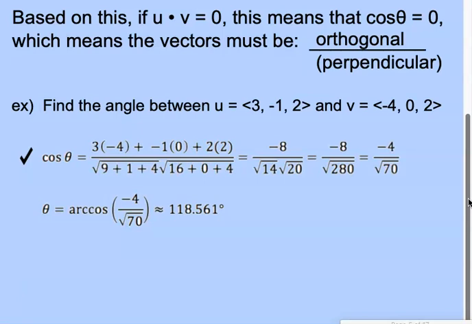No, that's the cosine of the angle. How do we find the angle? We've got to do arc cosine or inverse cosine of that to end up with the angle, which is 118.5. Is that okay? Good. By the way, that is saying that the angle between these two vectors is 118.